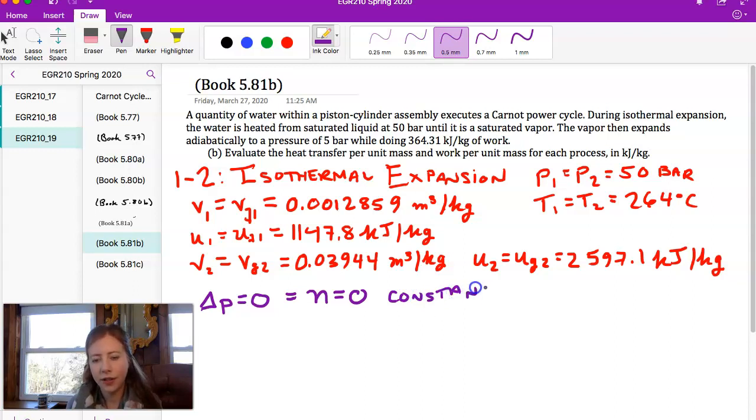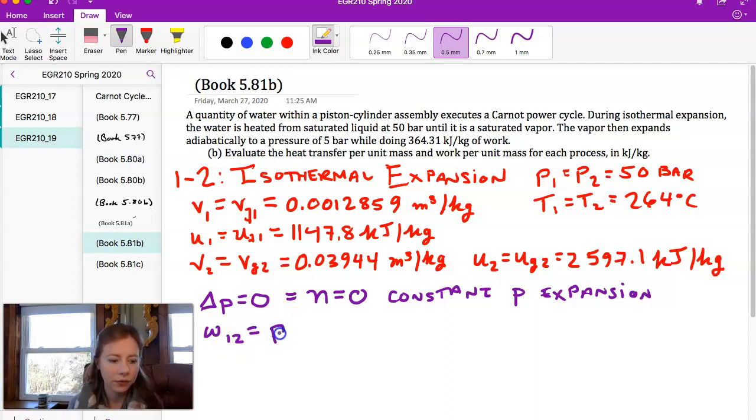So think about how to determine work from this. So with constant pressure expansion, work is going to be equal to P delta V. Okay, so 50 bar, that's the same as 5,000 kilopascals.